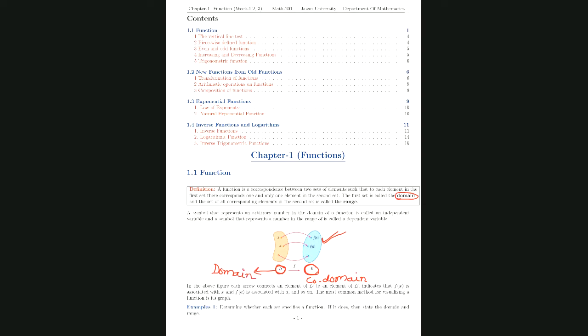Right? Now, all elements in set D are called the domain, and all elements in set E are called the codomain. But what is range? Now see, range is different from codomain. See the difference between domain and codomain.